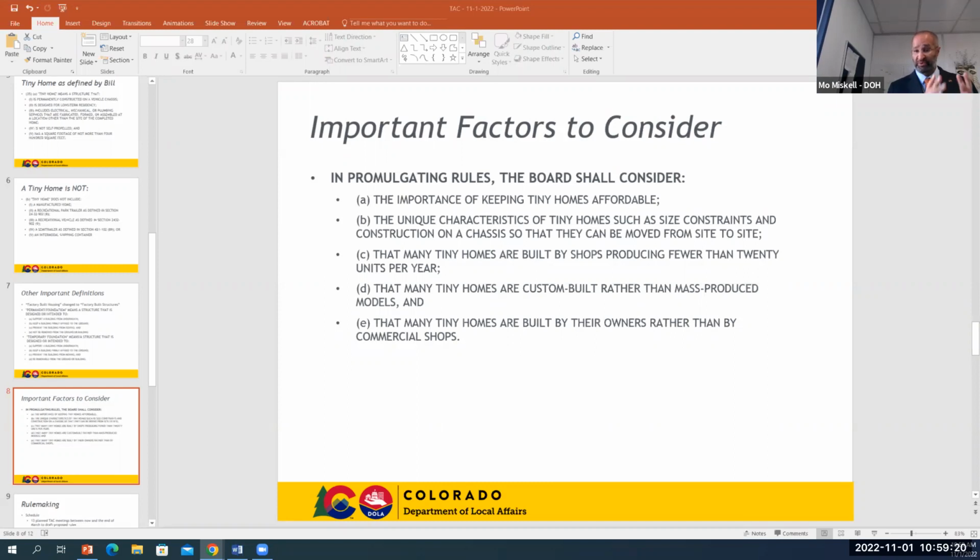That's why it's beautiful that this is all within the Department of Local Affairs. But more importantly, as Nate said, we have those relationships with local communities, and we want to make sure that we're serving them ultimately. At the same time, the Division of Housing has a goal of affordable housing, but it has to be also safe, secure, and attainable, right? So we have to keep that in mind as well.